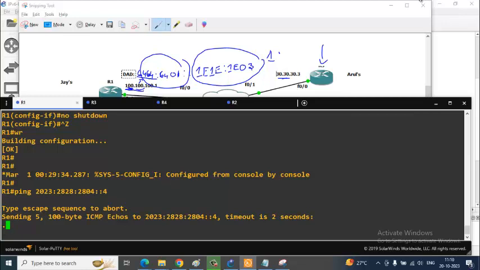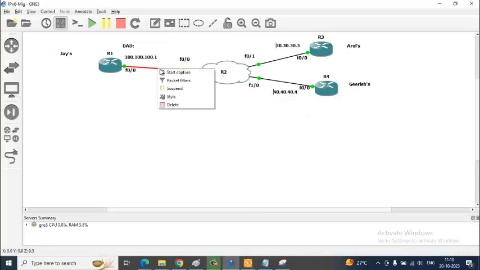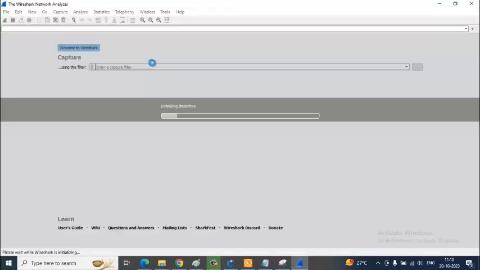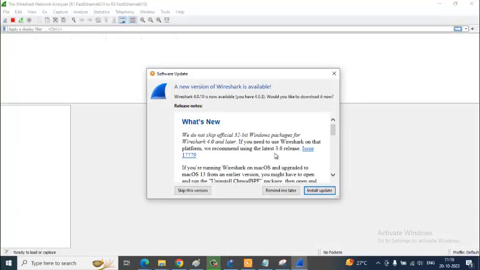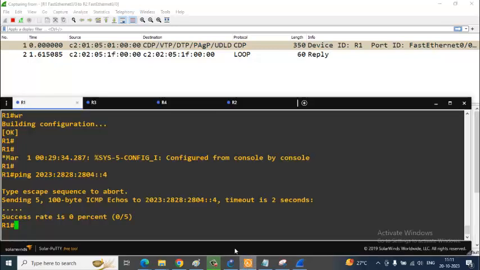I want to see whether any packet goes. For that I'll use Wireshark capture to see how it works. Good, Wireshark is also working.